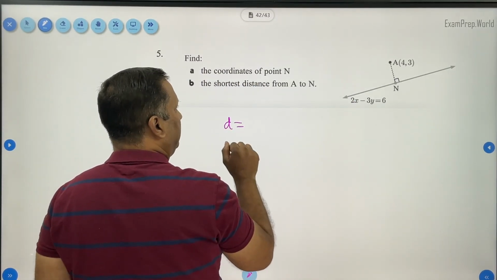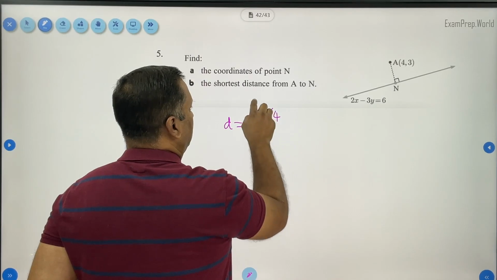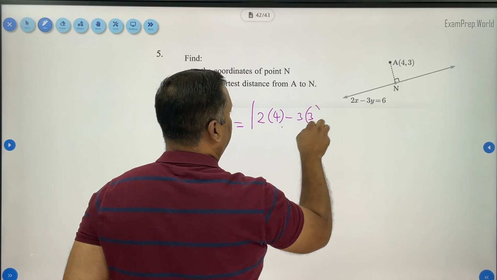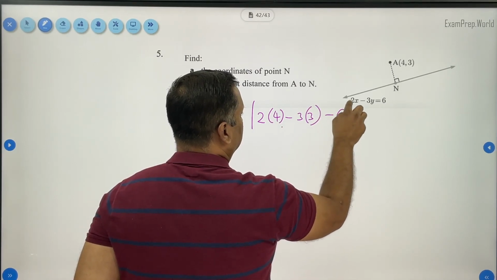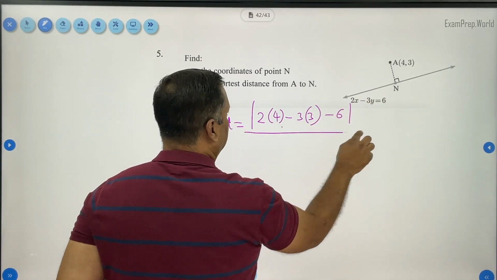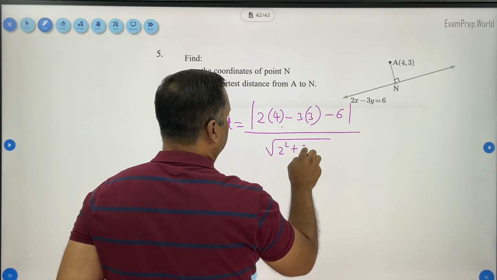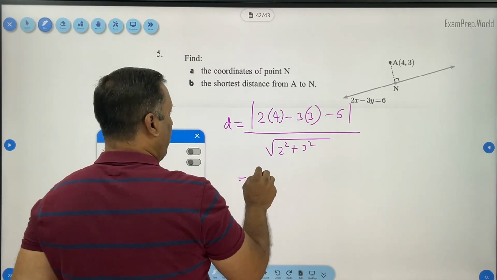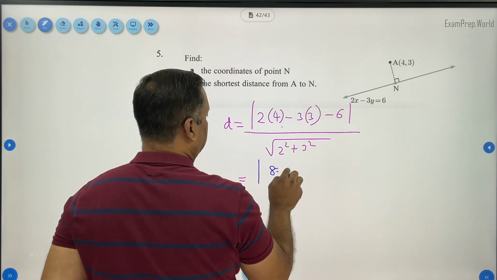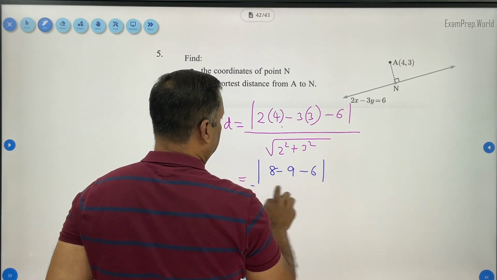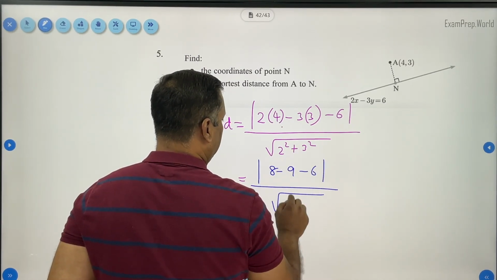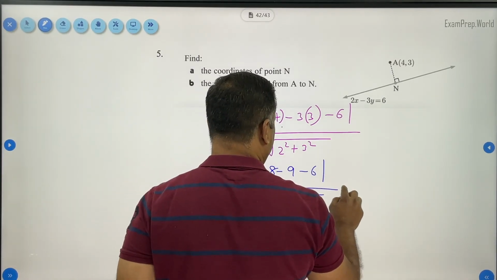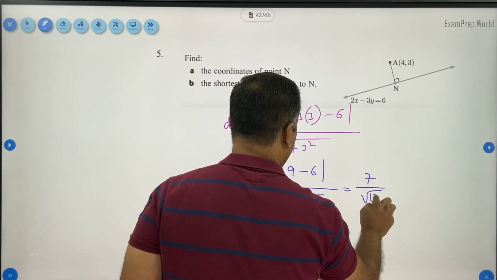D equals the modulus of 2 times 4 minus 3 times, and minus 6, because the 6 coming here becomes negative 6, divided by the root of 2 squared plus 3 squared. That is 8 minus 9 minus 6, divided by root of 4 plus 9, root 13. Negative 15 plus 8 is negative 7, so that is 7 by root 13.